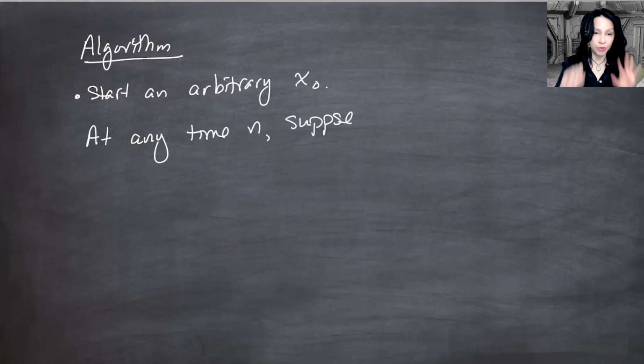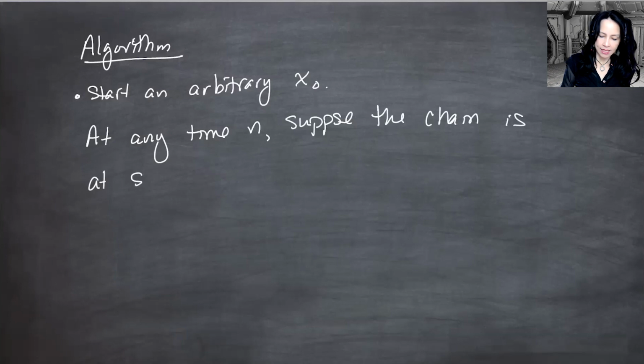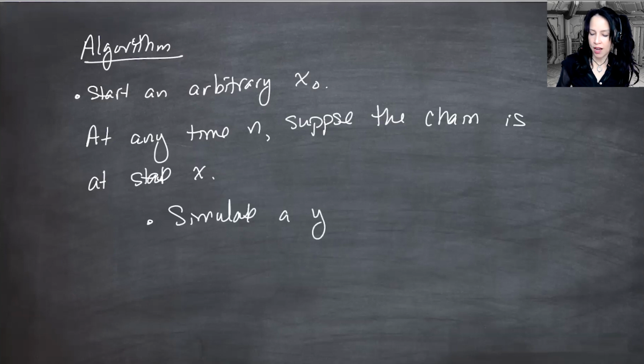You could call it xn, but I'm just going to say suppose we're at x. Just like my pictures, at any time n, we're at some x. So suppose the chain that we're forming is at state x. Here are the steps. The number 1, you propose or you draw, you simulate a y from the candidate transition density q(x, y).